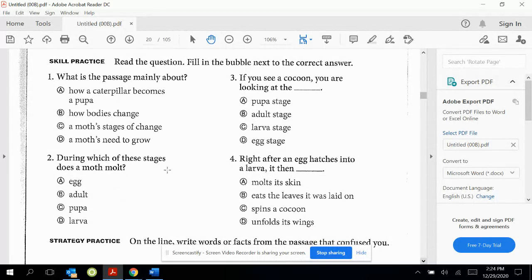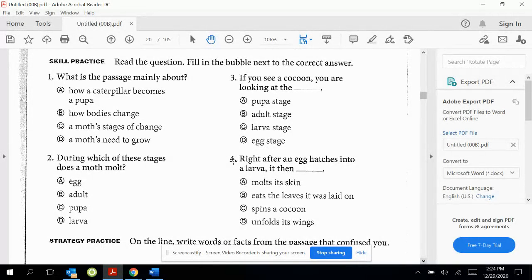Number 2. During which of these stages does a moth molt? An egg stage, an adult stage, a pupa stage, or a larva stage? If you don't know, you can go back and look. If you see a cocoon, you are looking at the pupa stage, adult stage, larva stage, or egg stage.